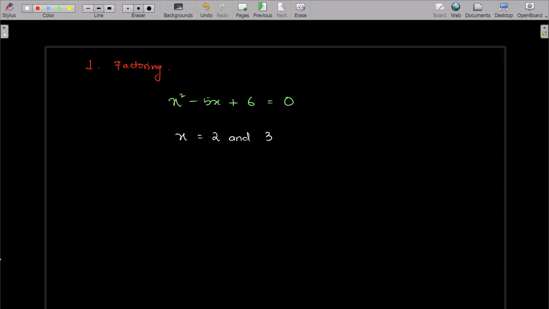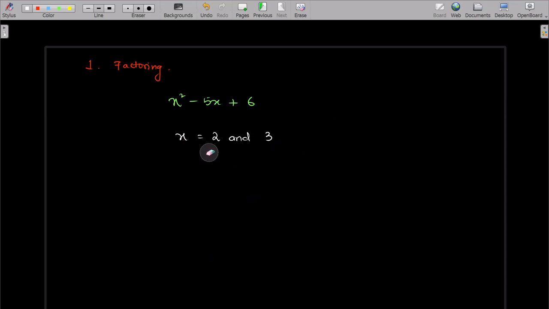Now, how will the question be asked? You won't be asked to solve a quadratic equation. That's a very basic question. Instead of giving an equation, they can also give you an expression. This is just an expression, unless we put it equal to something.